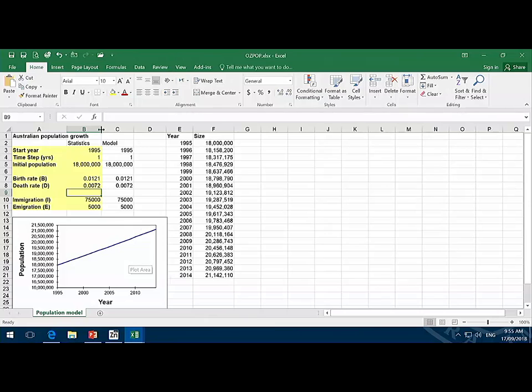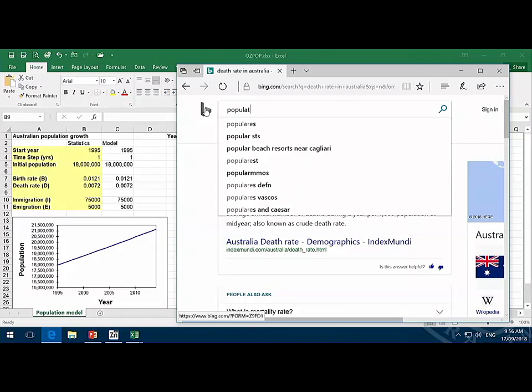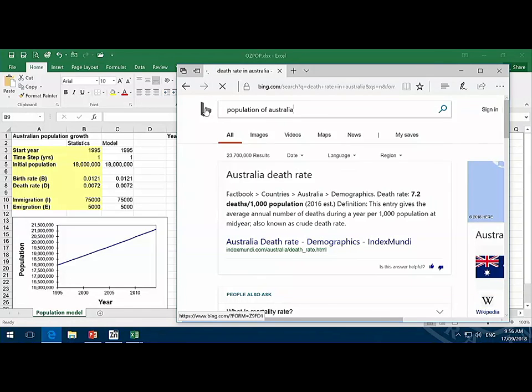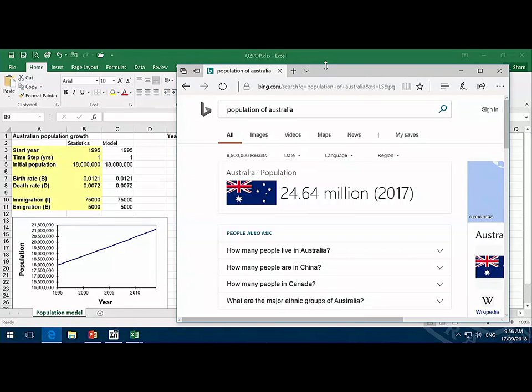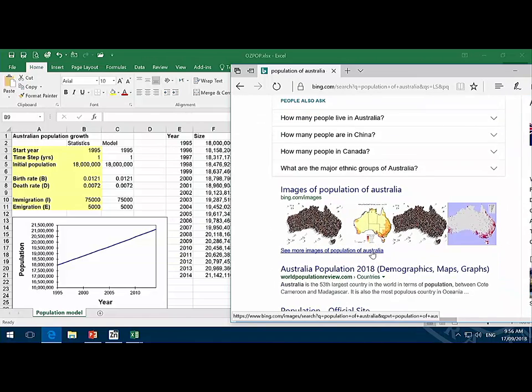Right, so let's have a look. So how good is this model doing? We can have a look at the population in Australia and actually compare. Okay, so 24.6 million now, but can I get a graph?